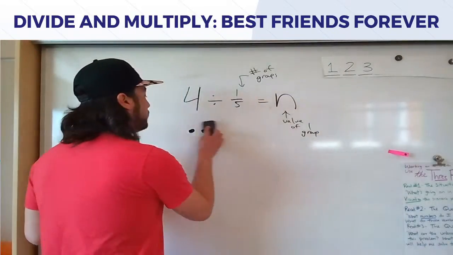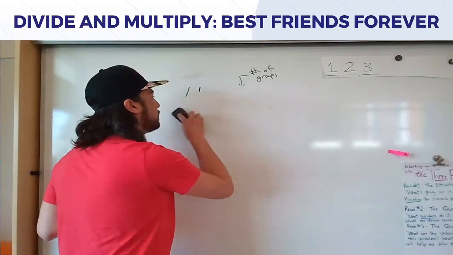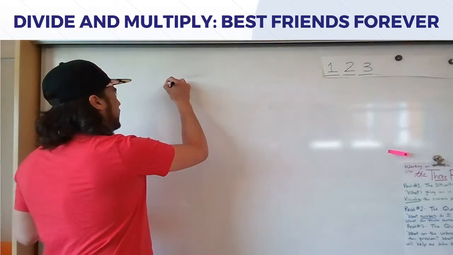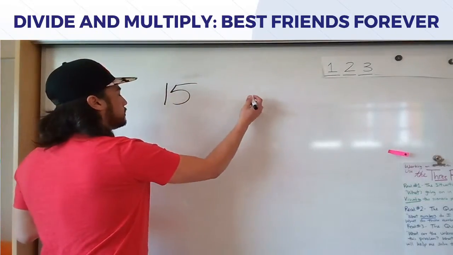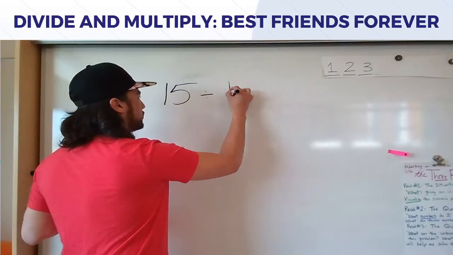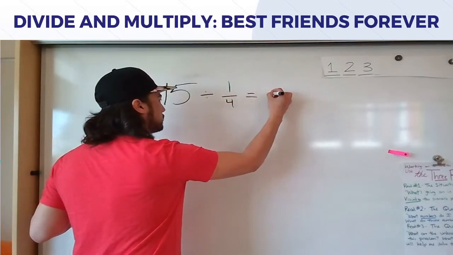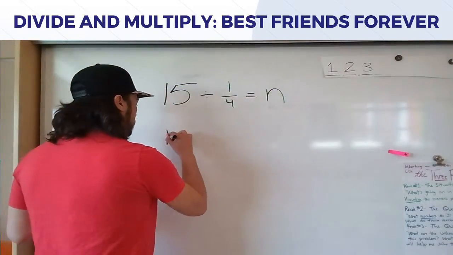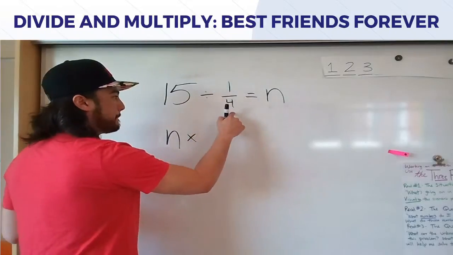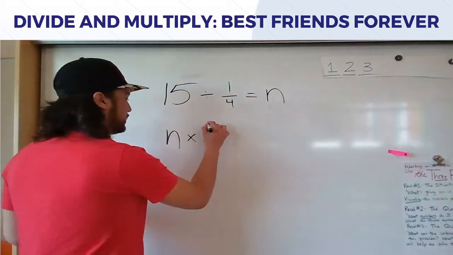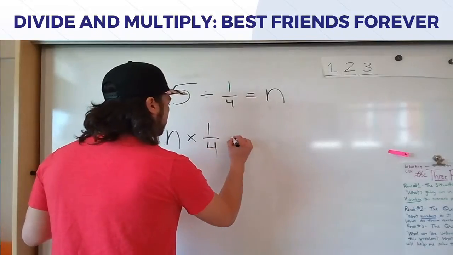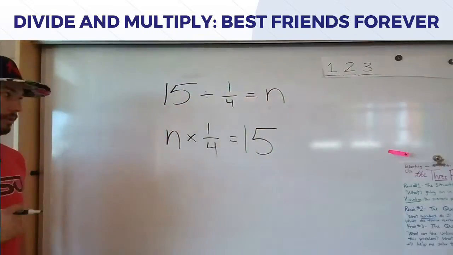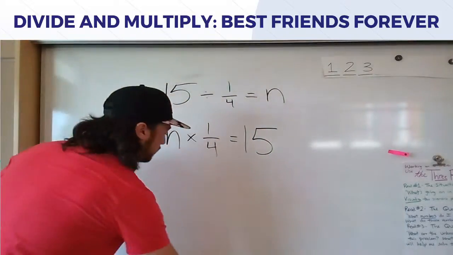But before we do that, I really want us to practice how to make inverse operations and how to think about this idea of you have our dividend, you have our divisor, and you have our quotient, right? Being able to say, okay, I'm going to take that n and multiply it by the divisor, the thing we just divided by, and I will end up back where I started, because these are inverse operations.